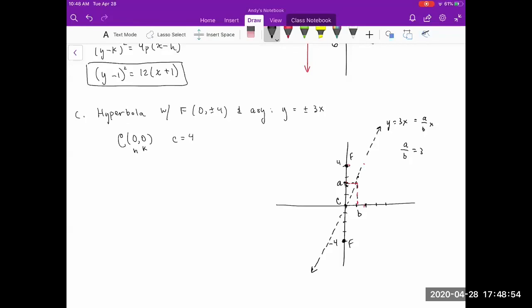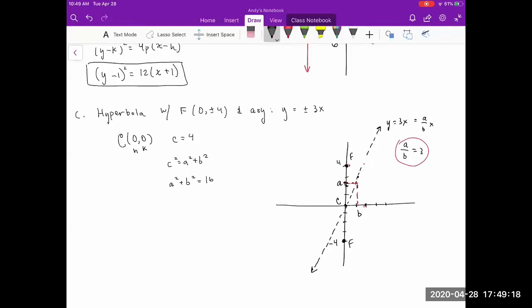It doesn't seem like we learned much there, but the other thing we know is that from the equation for hyperbolas for solving for c, c squared is equal to a squared plus b squared. Since c is 4, a squared plus b squared is equal to 16. Also, we just found out that a over b is 3.